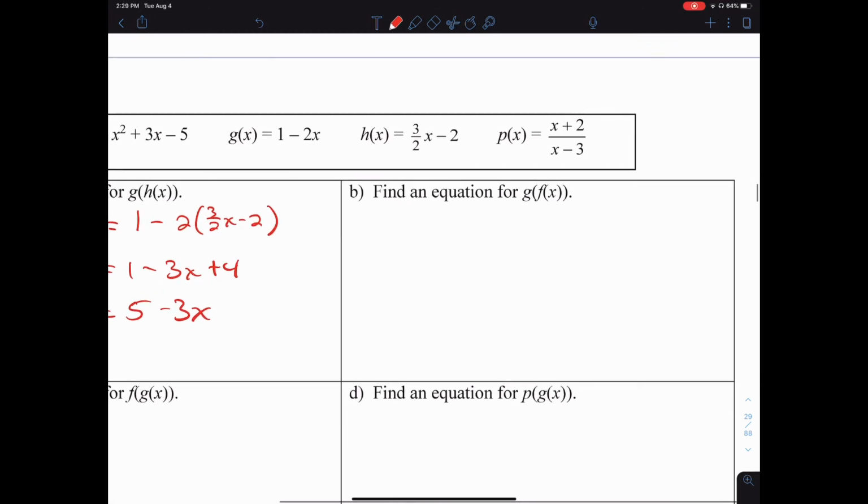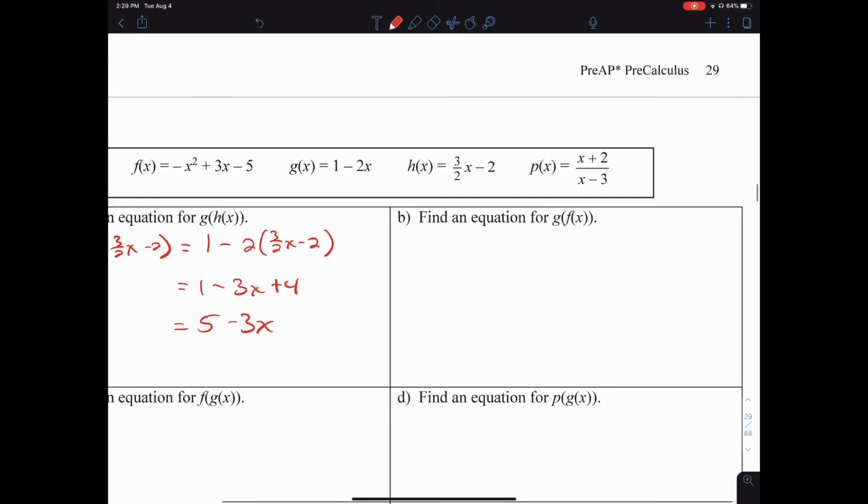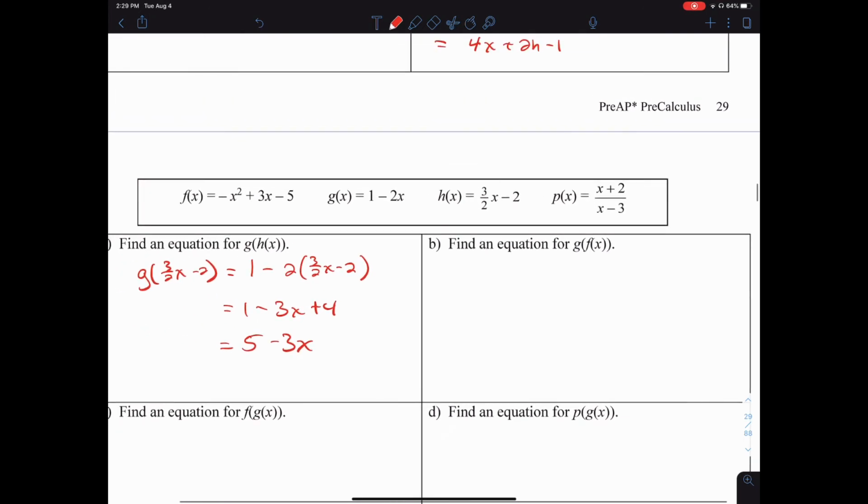Find an equation for g of f of x. So take function g and replace f with a negative x squared plus 3x minus 5. Function g is 1 minus 2.